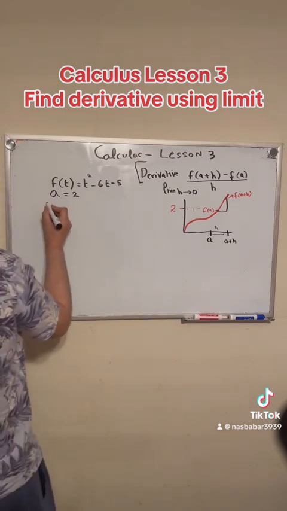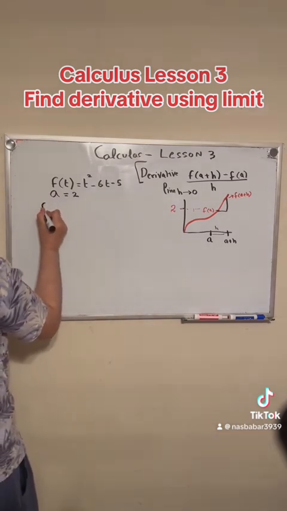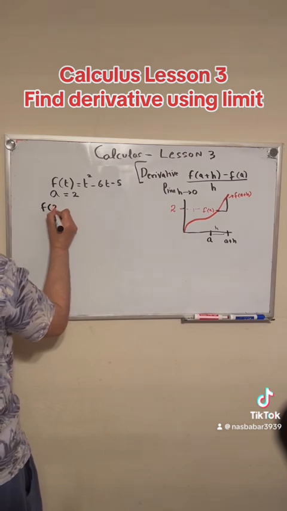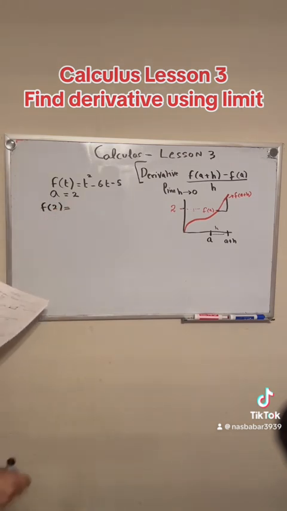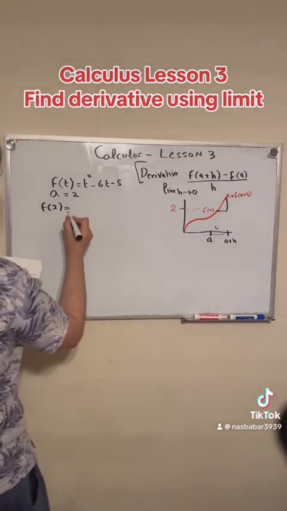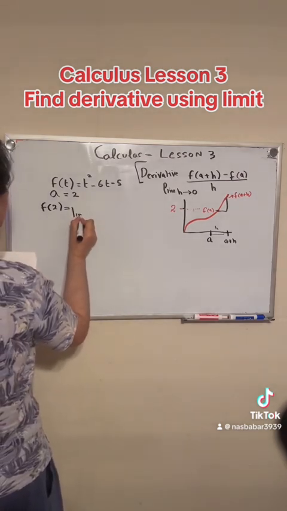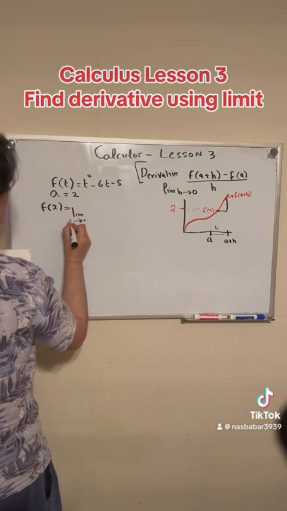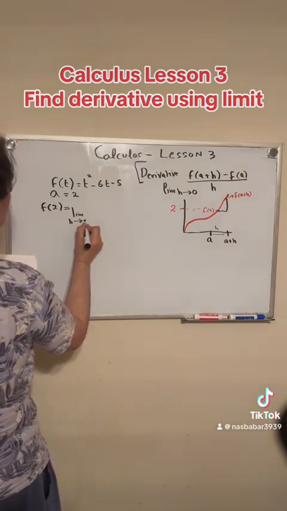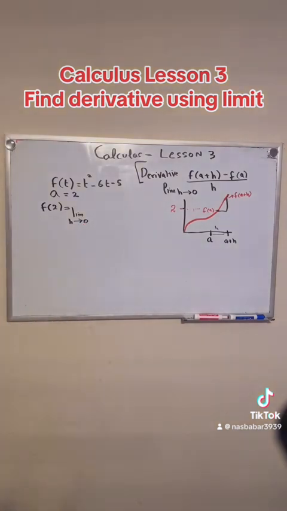So what we're going to do is say function of 2 is equal to the limit as h approaches 0.